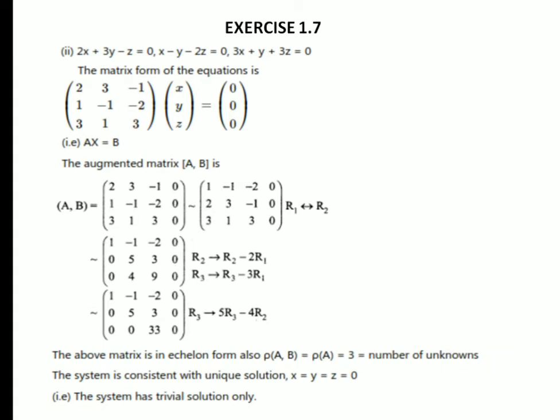The above matrix is in echelon form. Also the rank of [A, B] equals the rank of A equals 3, the number of unknowns. The system is consistent with a unique solution, x equal to y equal to z equal to 0. The system has the trivial solution only.